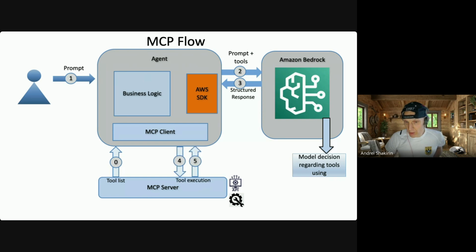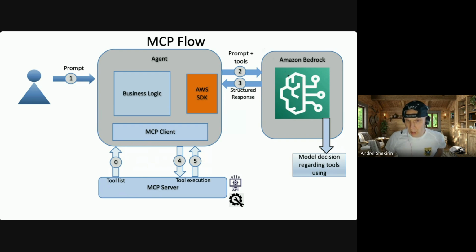After that, the model makes a decision. Yes, in this case I need some tools, and it sends a special structured response back to the agent, saying: it's not my final result, but I need to execute some tools with parameters.